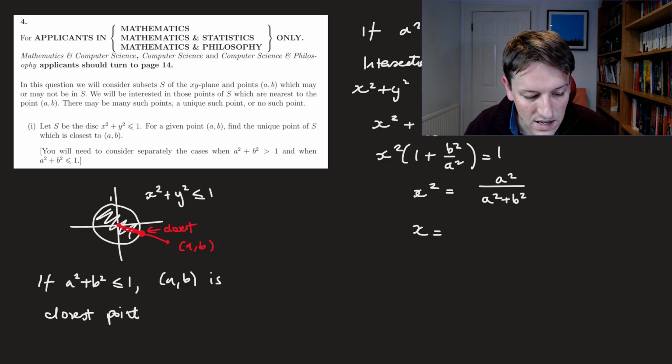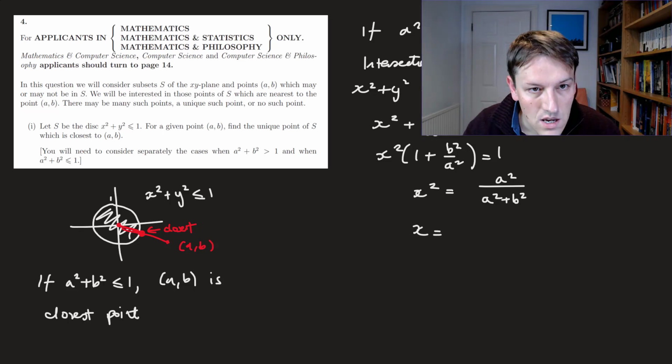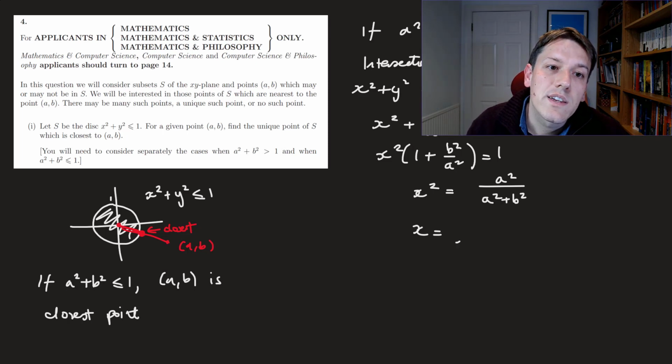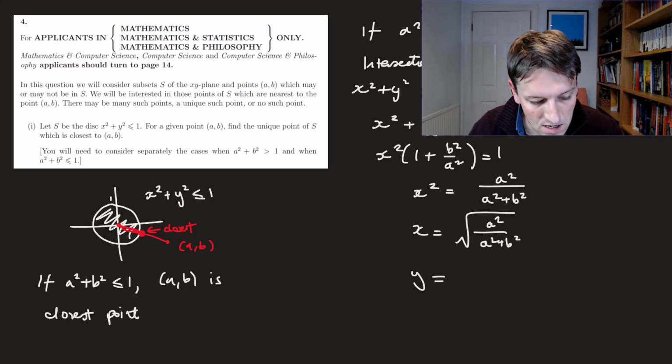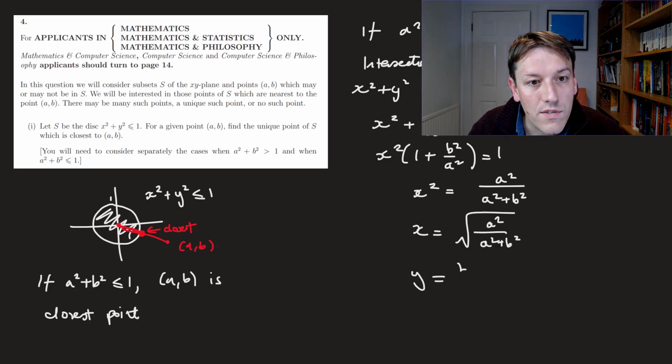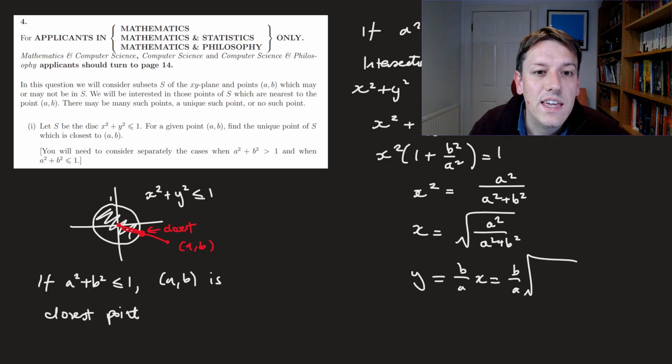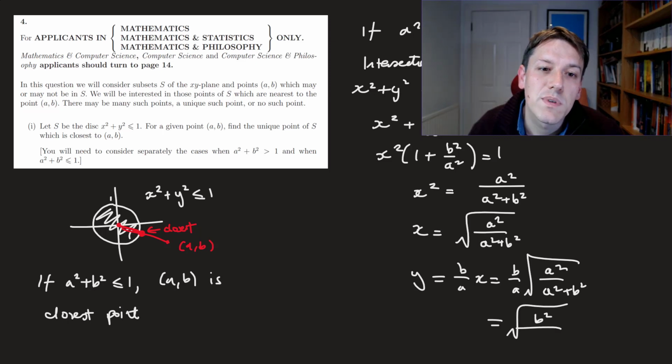So x is the square root of that. Then y is going to be b over a times x, which is b over a times the square root of a squared over a squared plus b squared. That just gives us the square root of b squared over a squared plus b squared.